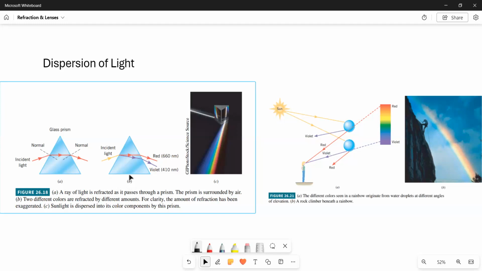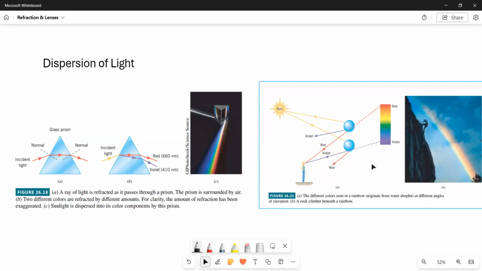And using that, they're really able to split white light into its components, right? And that's how we get those rainbow colorings. And that's actually what's happening here. As the sun's ray hits water droplets at different altitudes, it's going to reflect the light, refract it, and so on.